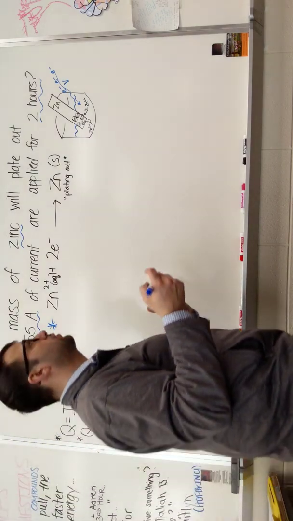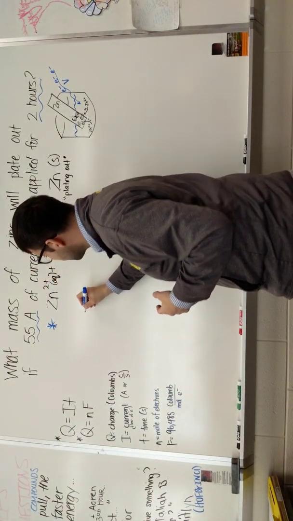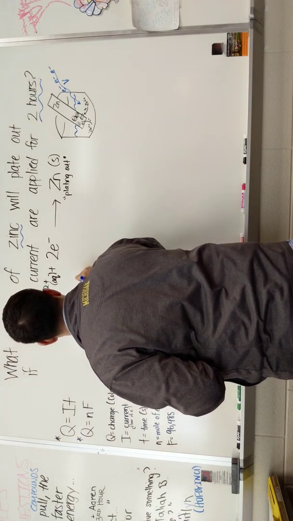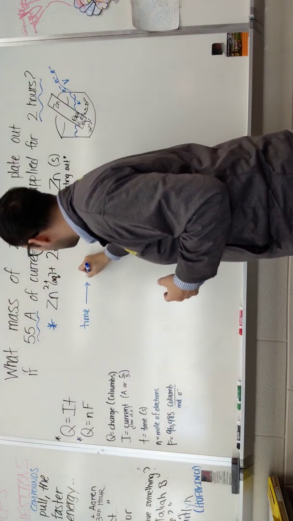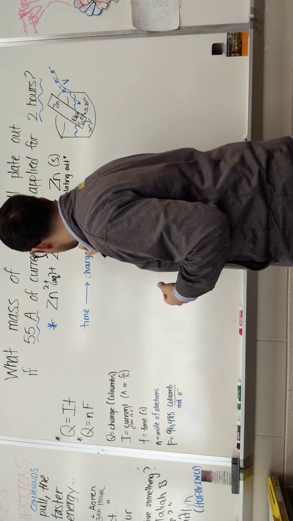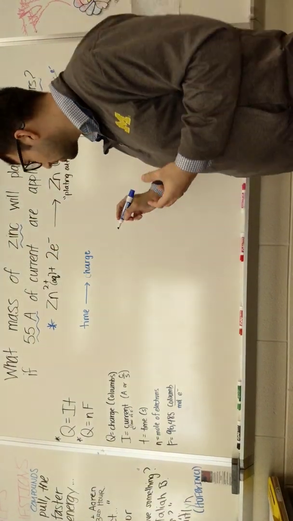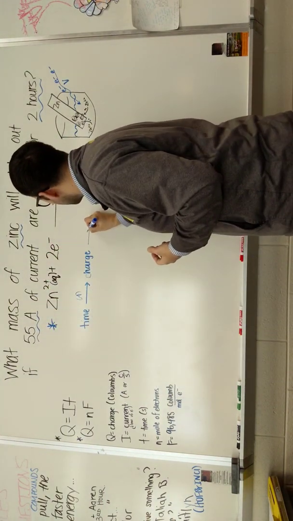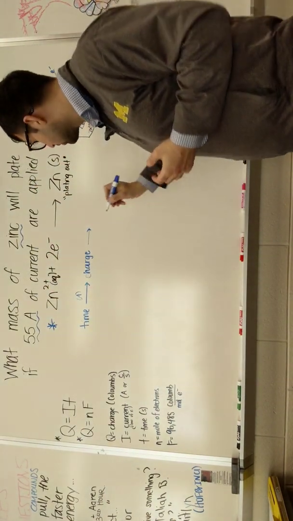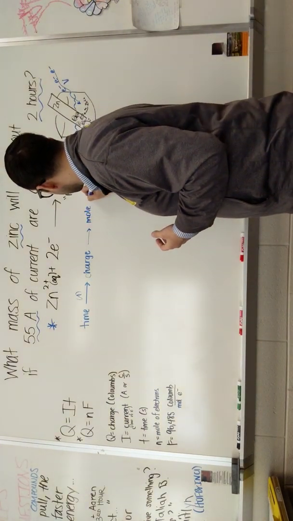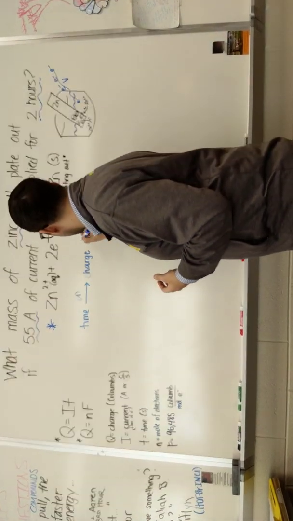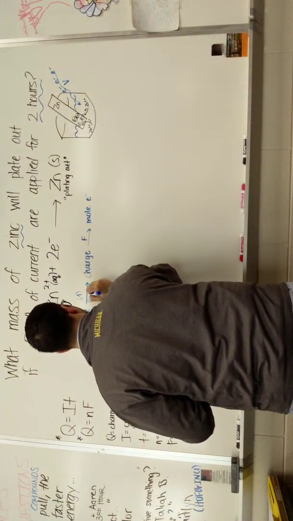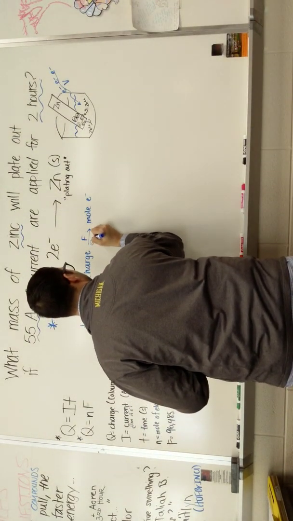So here is the general flow. I need to go from time to charge, and I'm going to do that through amps. And then I need to go from charge to moles of electrons, and I'm going to do that using Faraday's constant. So this is Q equals IT, this is Q equals NF.